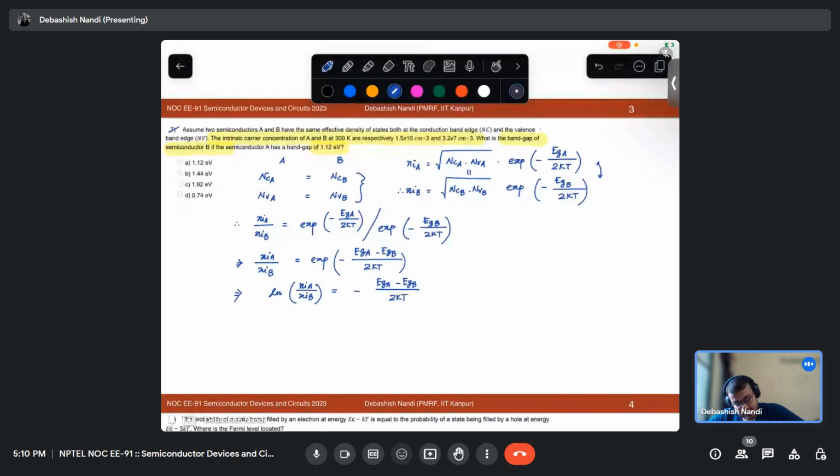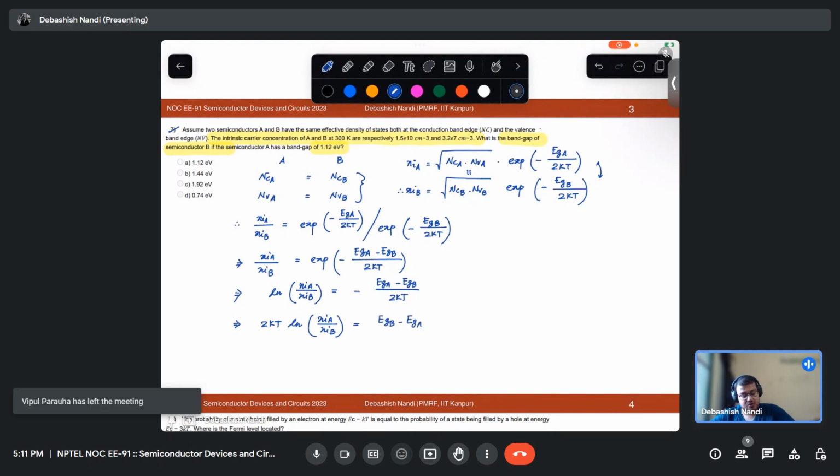Natural log of NIA over NIB is equal to minus (EGA minus EGB) over 2KT. So if I multiply 2KT to this side, I get 2KT ln(NIA over NIB), and here I will get EGB minus EGA. Fine. So all the quantities I know, KT I know, EGA I know, I need to find out EGB.